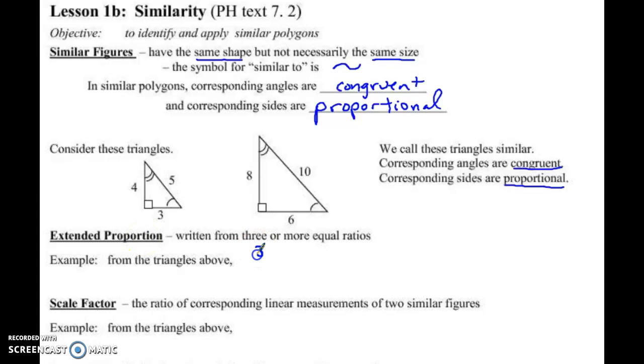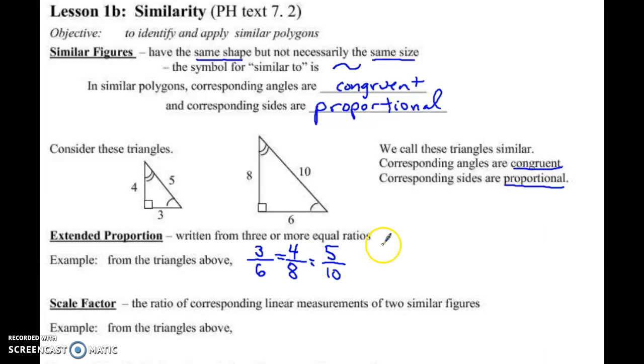I'm going to start with a little triangle, a 3, a 4, and a 5, over the big triangle, which in order would be 6, 8, and 10. And we're going to see if these are actually equal.